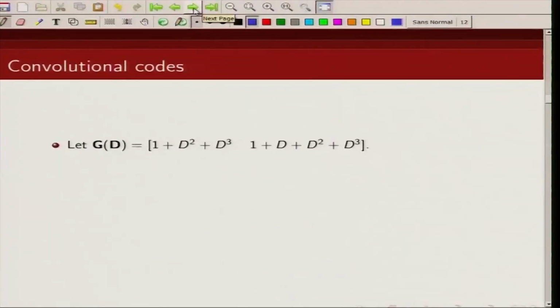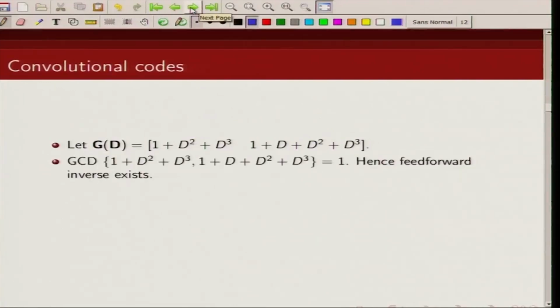Let us take an example where a feed forward inverse exists. We are considering a feed forward rate 1 by 2 encoder, with G0(D) and G1(D) as given. What is the common divisor between them? We can check that they do not have any common terms, so the greatest common divisor is 1.